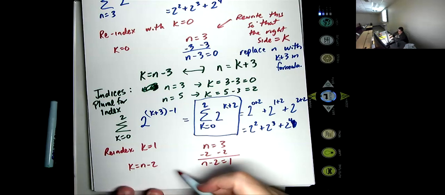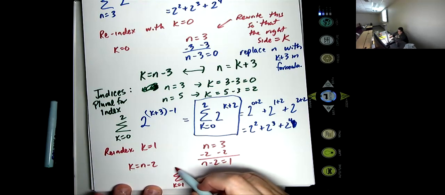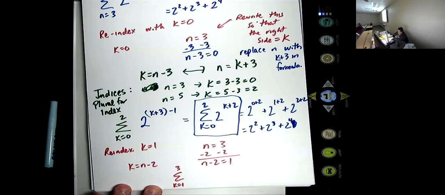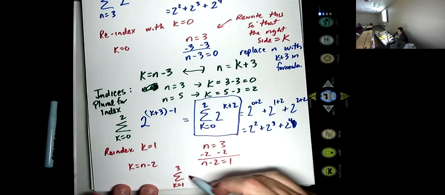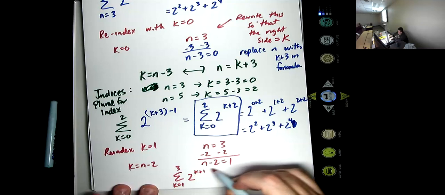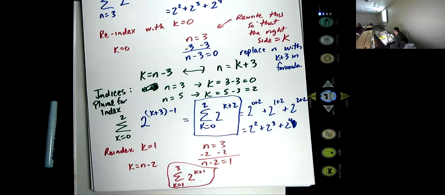We would have the summation from k equals 1 to 3, and 2 to the k plus 1. So that's a little bit of how to re-index.